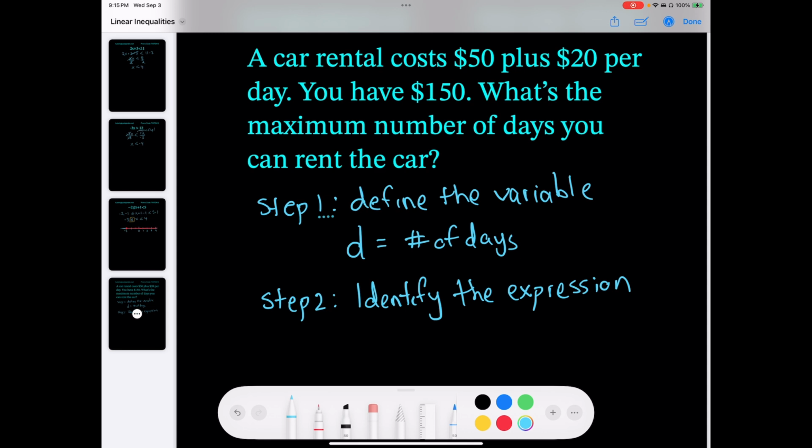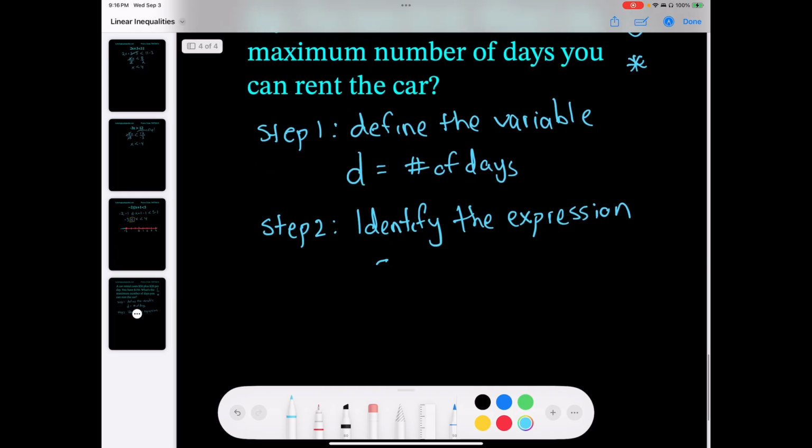And then they're saying it's plus 20 per day. That per is a multiplication. So that means 20 times the number of days. So the expression would be 50 plus 20 times the number of days, 50 plus 20D.